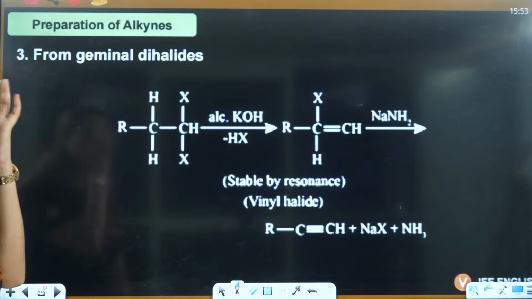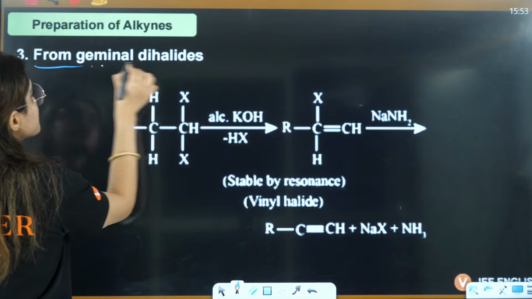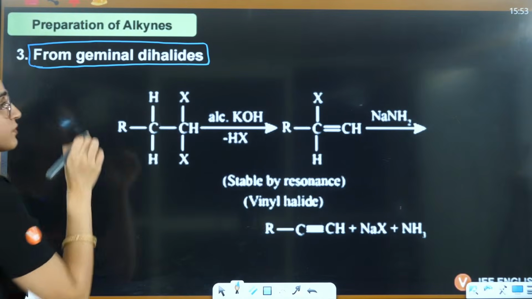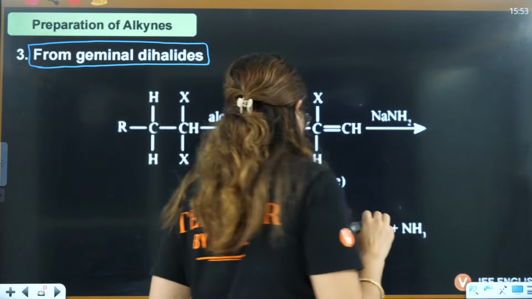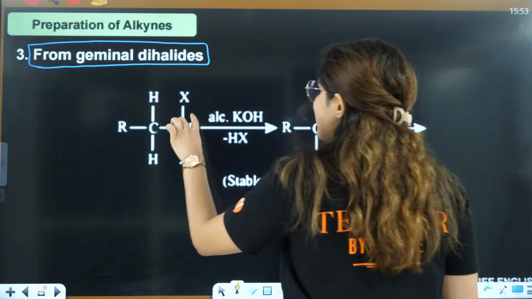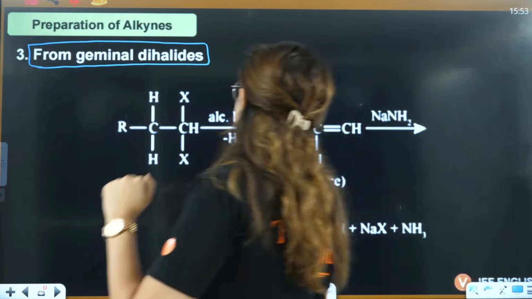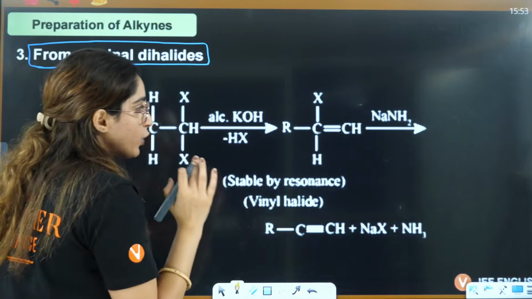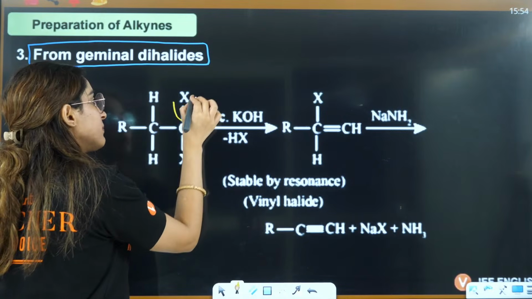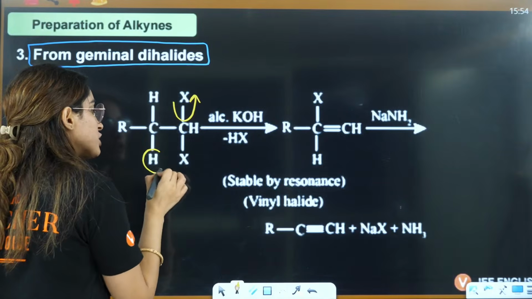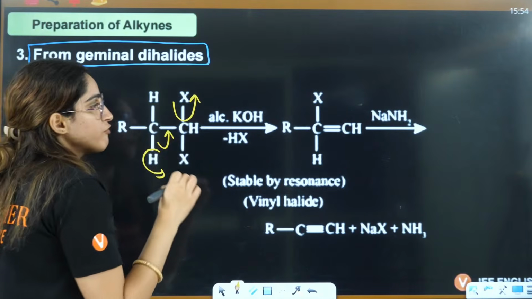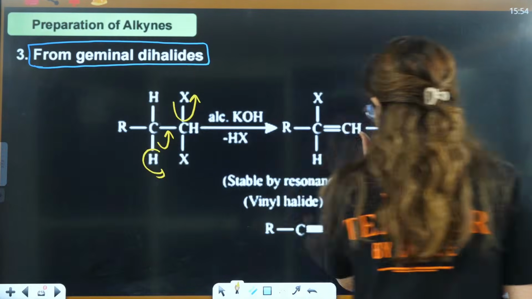Chalo. Now the third is from geminal dihalides. What is geminal dihalides? Geminal means on the same carbon you have halides. Now in this case, first you will use alcoholic KOH. So halogen will be eliminated, here hydrogen will be eliminated, and you will have formation of this double bond.